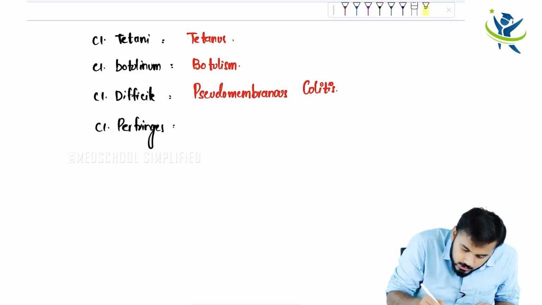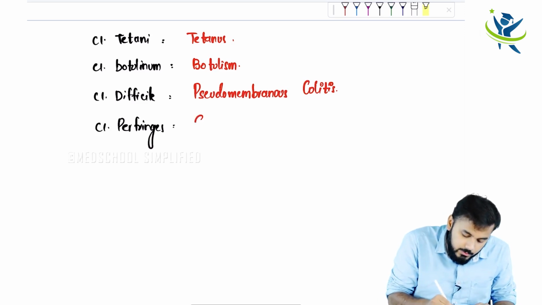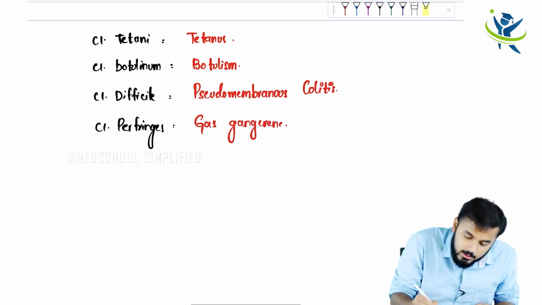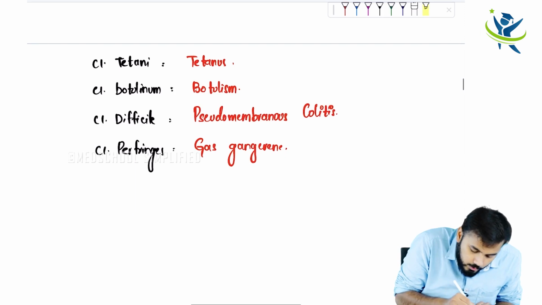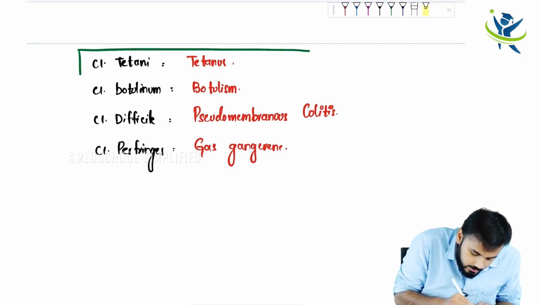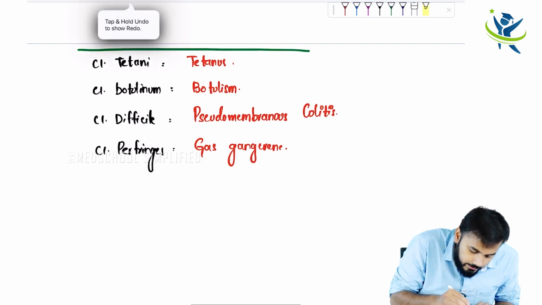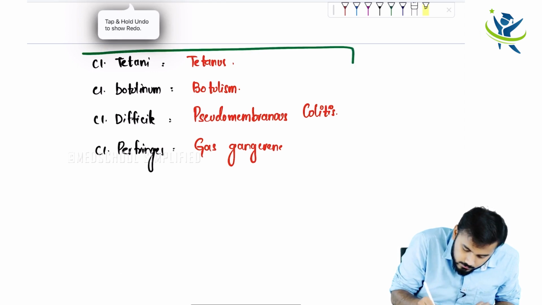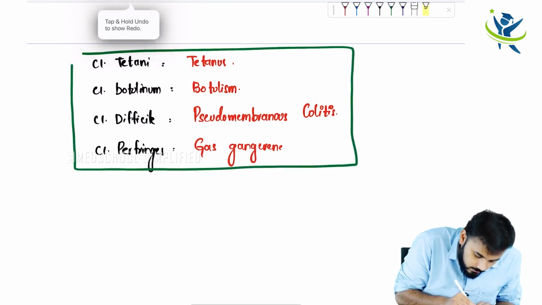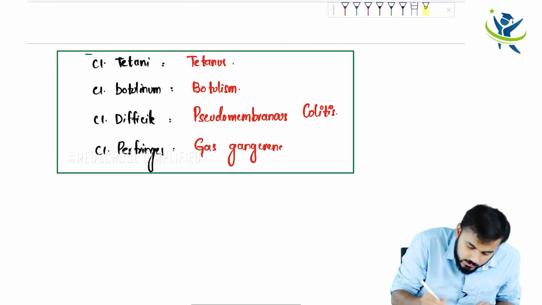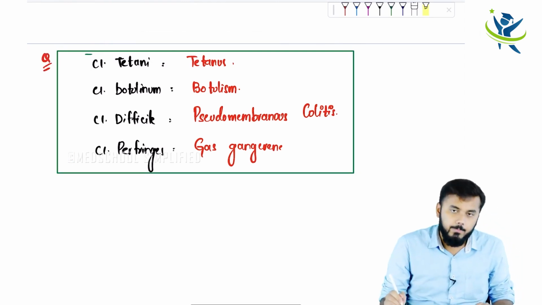And what is it responsible for causing, guys? It is responsible for causing gas gangrene. So these are some of the most important things which you have to keep in mind. Right. So this is one of the important boxes which you have to keep in mind.